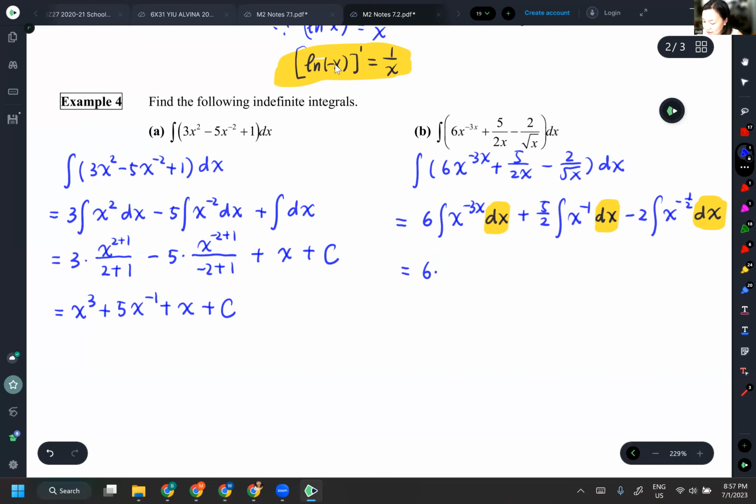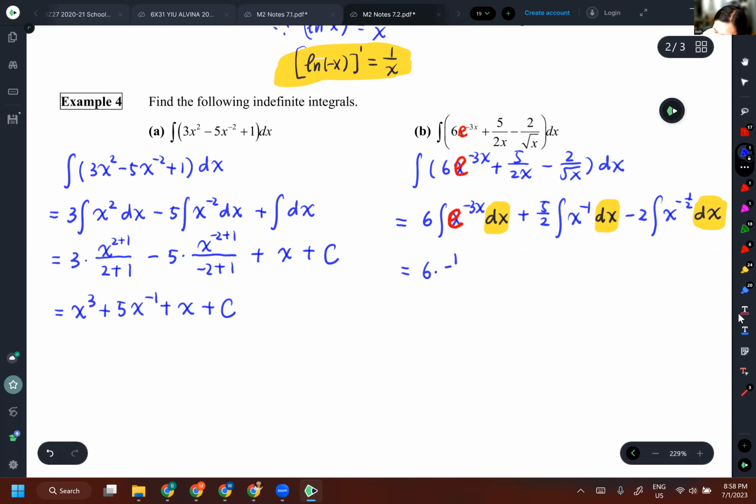Can we change it to e to the power? It doesn't make sense if it's x. Otherwise, I don't know how to use it. We've never learned an integration that is x to the power x. It's e to the power x.